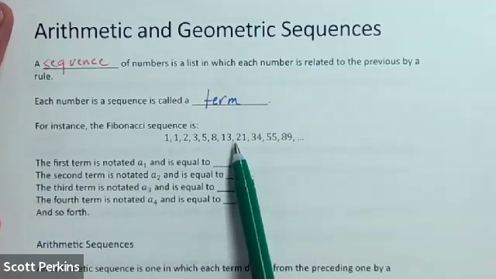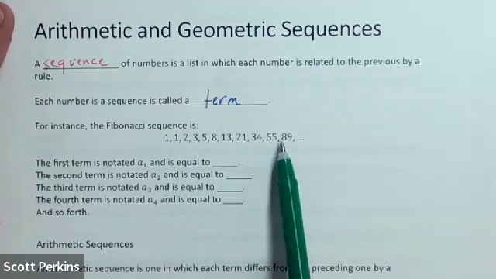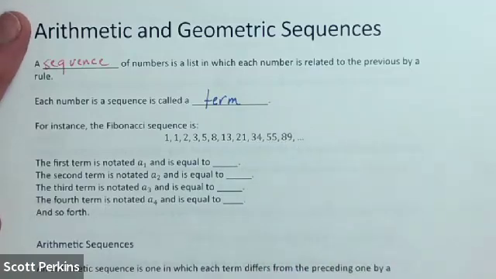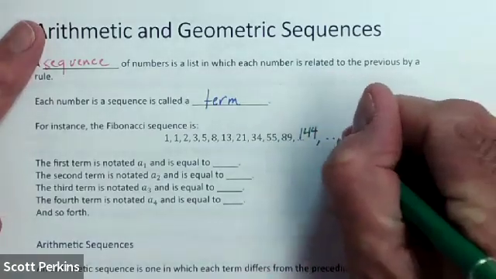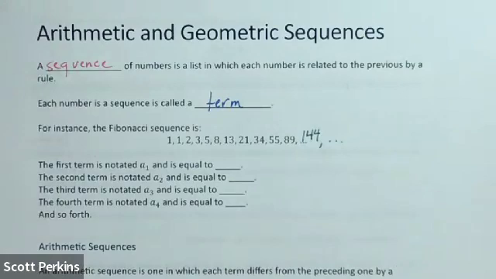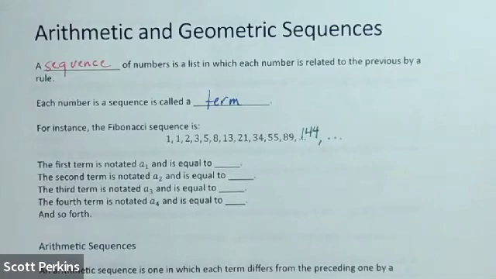And going on down the line, 21 and 34 gives you 55, and 55 and 89. The next term, if we were so inclined, would be 144. And then you could keep going on. Sequences don't have an ending. You can talk about a particular part of a sequence, but the rule, whatever that rule is, just keeps going and going.